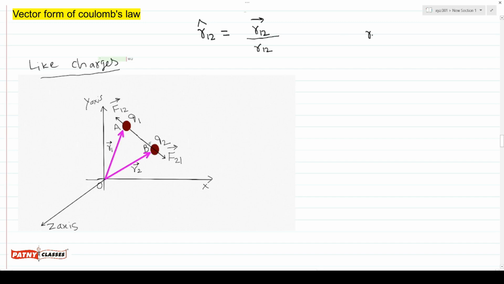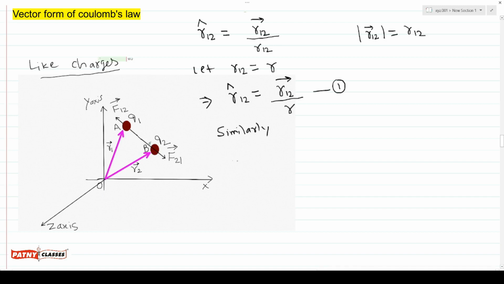The magnitude of vector R12 we can call R. So let R12 equal R. The unit vector, the cap standing for unit vector, so R12 cap equals vector R12 upon R.